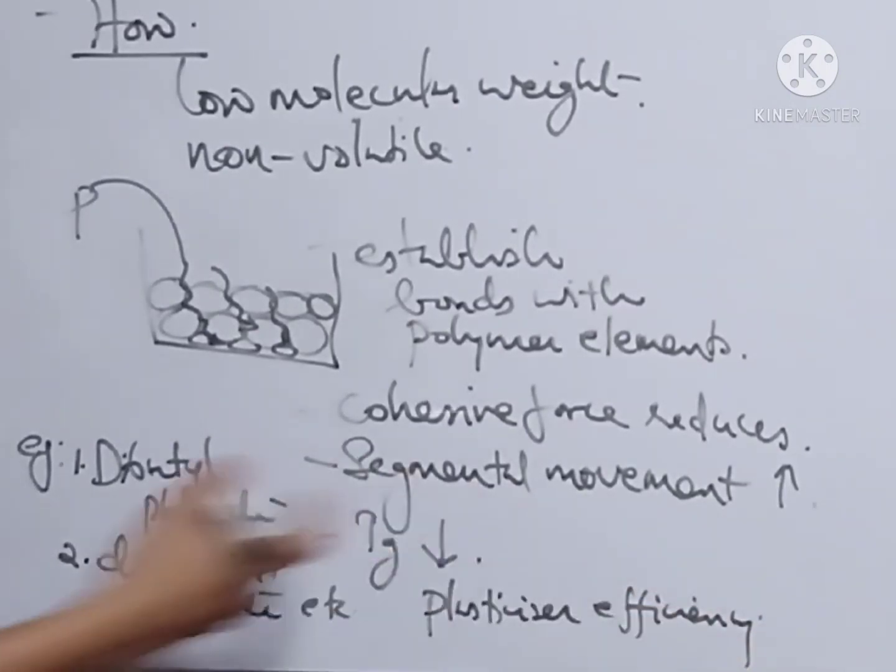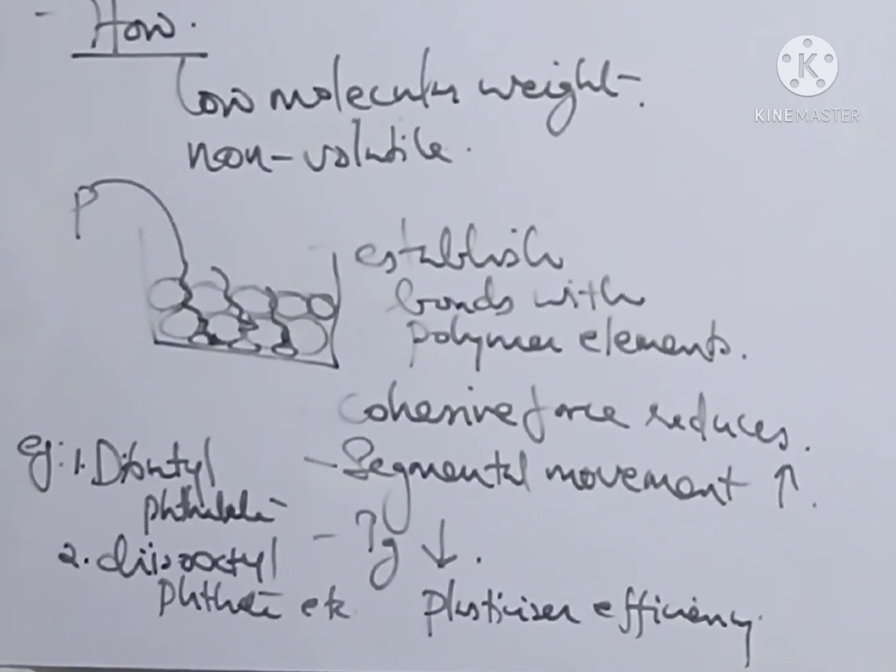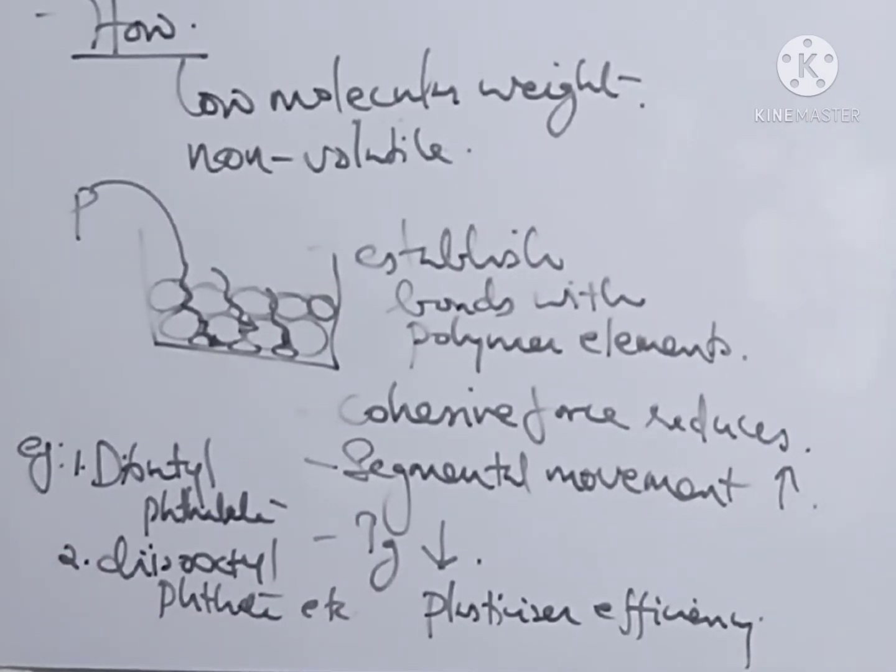So plasticizer's efficiency is the extent of reduction of glass transition temperature by different plasticizers. So this is all about glass transition temperature.